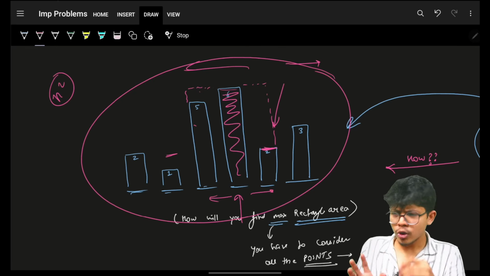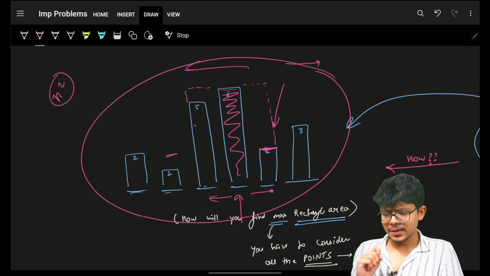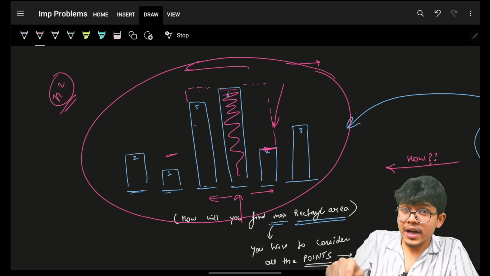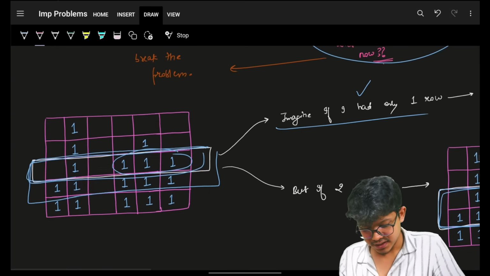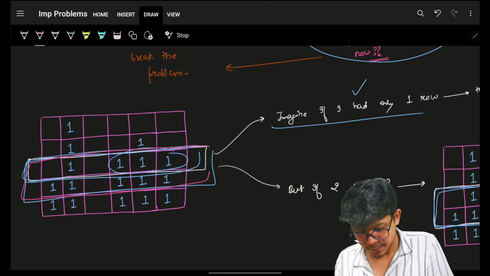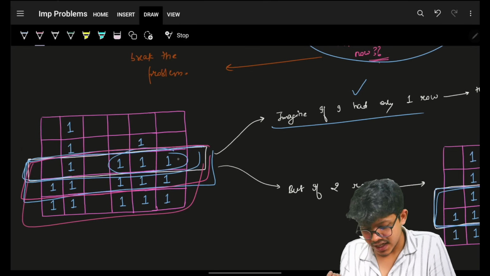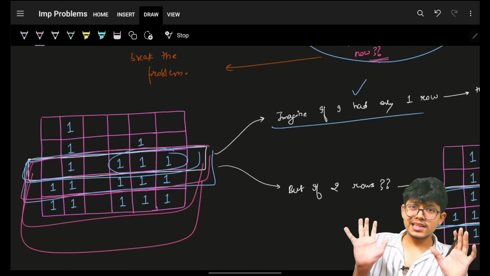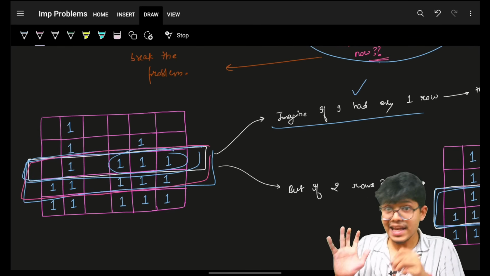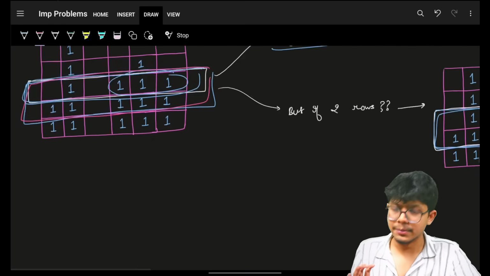I'll say, bro, you are right, but if it takes O of n square time in just finding the answer for one row, and I took just one of the patterns, again I will have to expand that. So obviously I can see things are going much beyond O of n into m time.